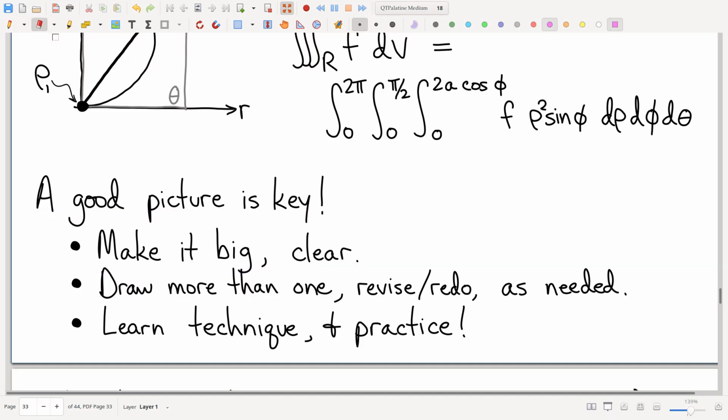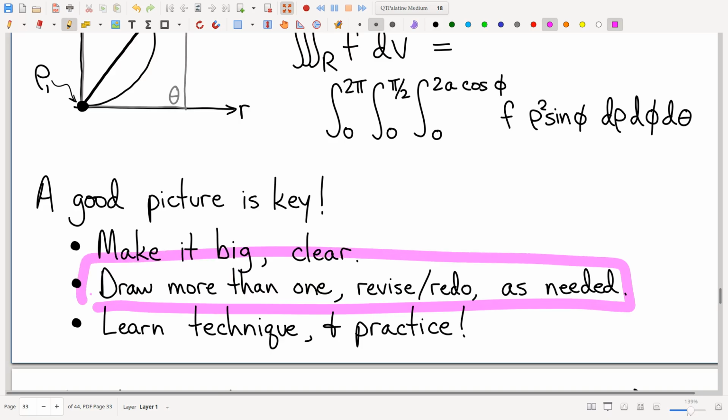Secondly, don't expect that you're going to just see it in your mind, see what it looks like, and then just be able to draw a picture. Nobody can do that. Really, I mean, maybe some people. I can't do that. I don't expect you to be able to do that. I assume you probably can't do that. Expect that you should have to go through several stages of drawing your pictures.